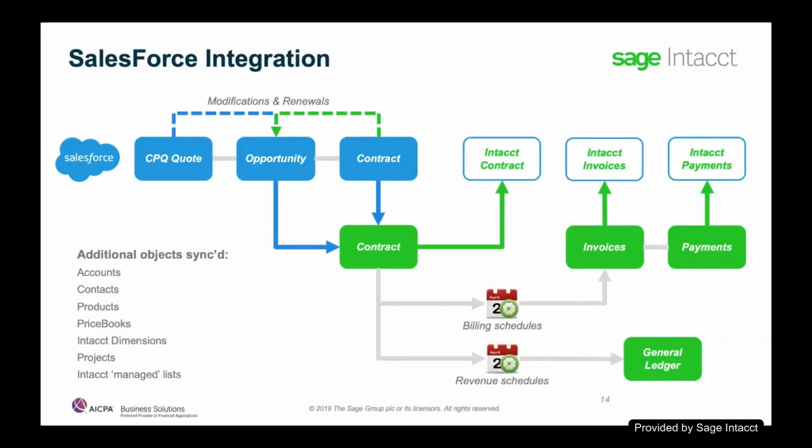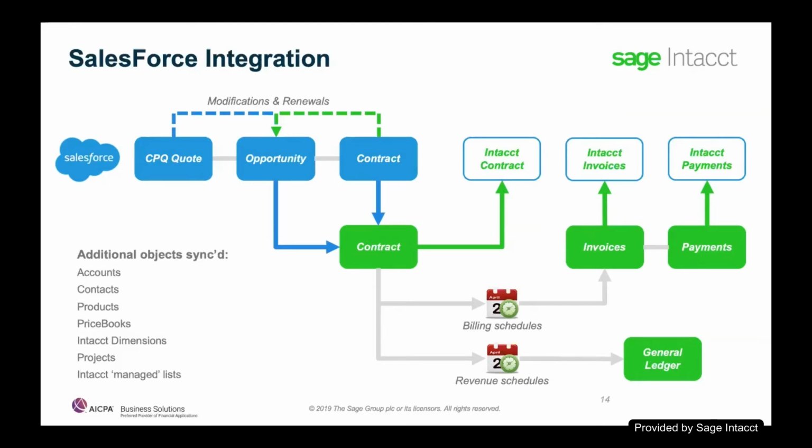It really leverages the capability of the contracts module and allows Salesforce to be integrated with Sage Intacct to take advantage of all of the downstream automation that the contracts module provides, without having double entry, without having to enter opportunities and sales information or contract information into Salesforce and then do that again in Sage Intacct.